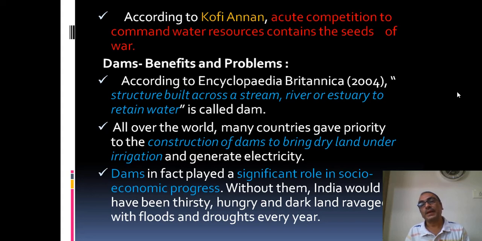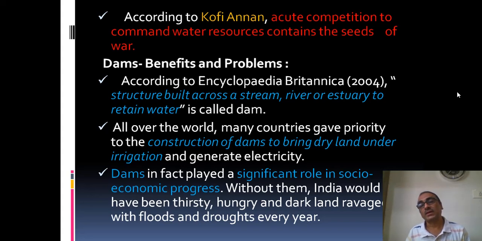Without them, India would have been a thirsty, hungry and dark land, ravaged with floods and droughts every year. Because we Indians have so many dams built over the rivers, and this water is wisely utilized for irrigation and many other purposes, our socio-economic progress has been possible.